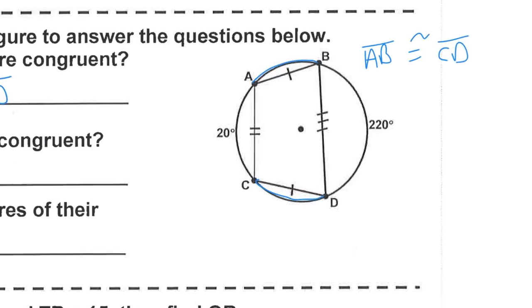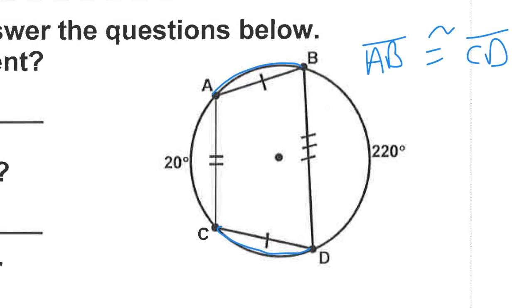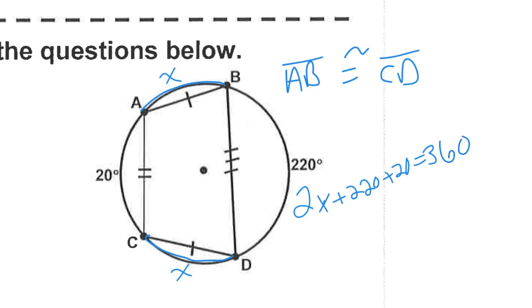Now, if I look out here, I know pretty much everything else but those two arcs, but I know they're the same, so I'm just going to call them X. And you could work it a different way if you want to. So I'm going to say I have two X's plus 220 plus 20, and that should equal the total 360 degrees. Now I can just solve this.